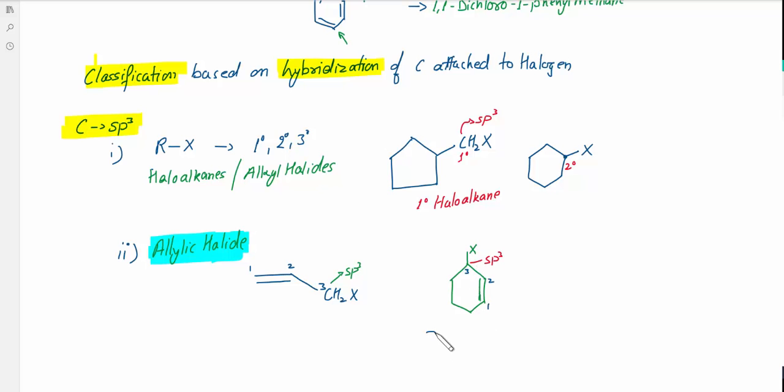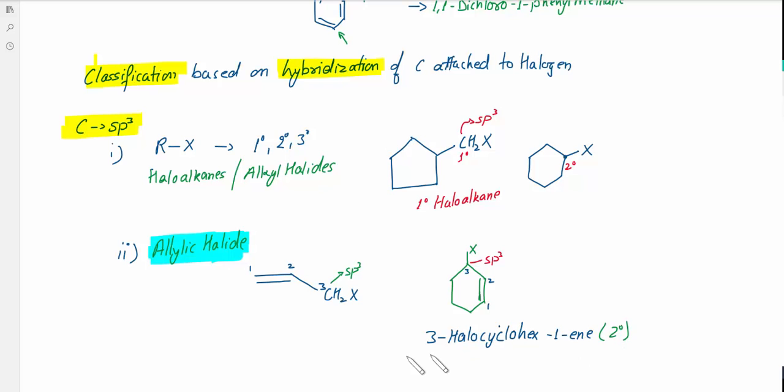So this compound will be 3, whatever that halogen is, bromo, chloro, say 3-chlorocyclohex-1-ene, and the carbon which has this halogen connected to it is again connected to two carbons, so that is actually a 2 degree.